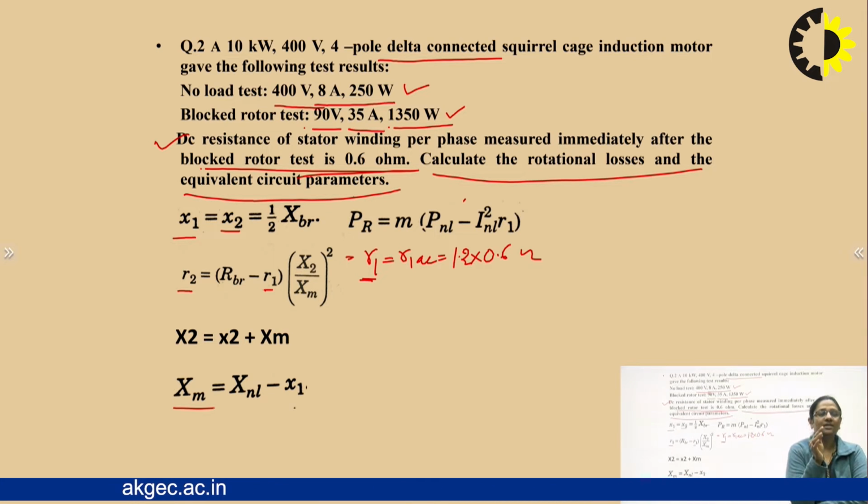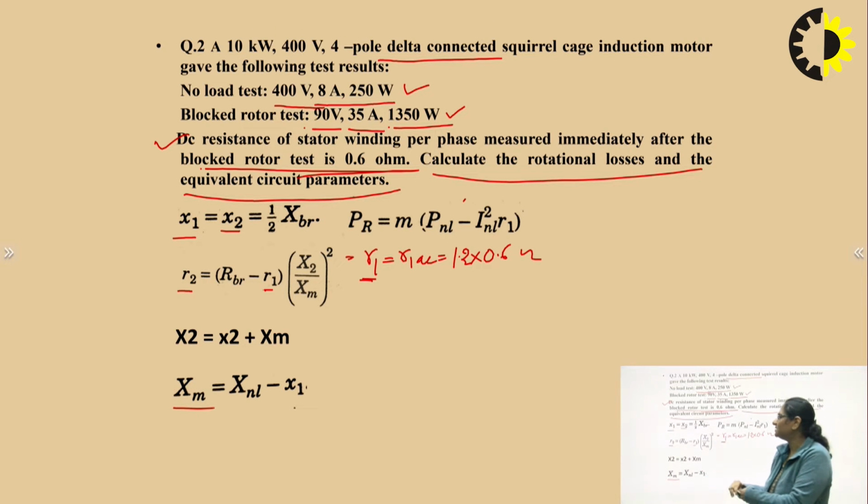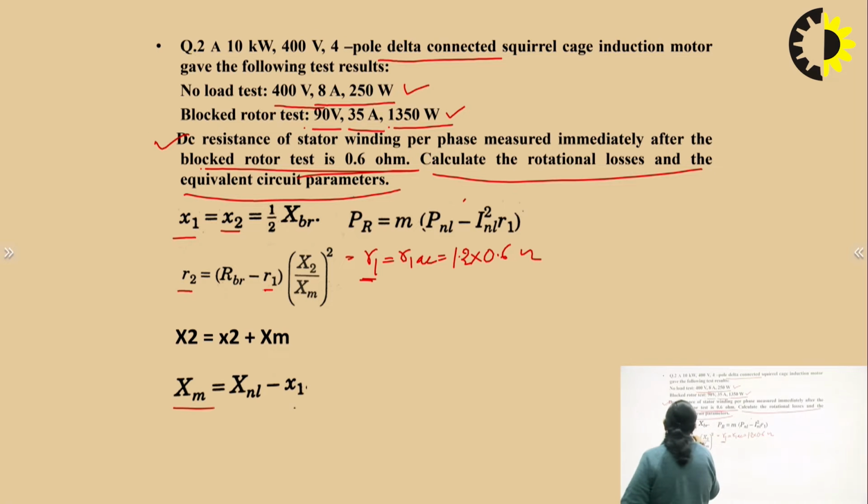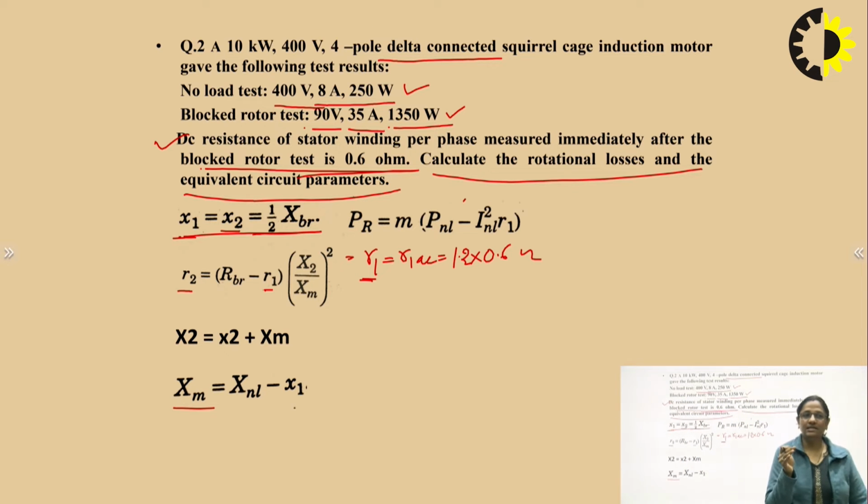X1 and X2 are the stator winding and rotor winding leakage reactance, and you see that the value of stator winding and rotor winding leakage reactance is given as half of XBR. What is XBR here? XBR is the blocked rotor condition reactance, and it is calculated from the blocked rotor test data, right?